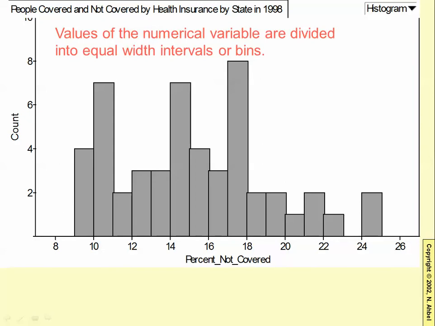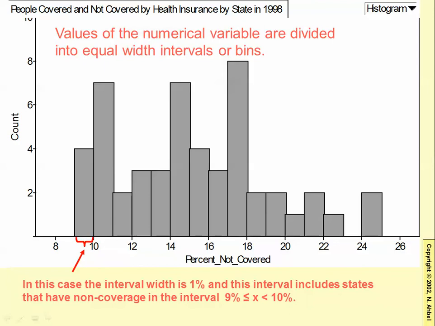So the values of the numerical variable are divided up into equal width intervals or bins. Intervals and bins are synonyms. So if you look at the leftmost interval or bin, in this case the interval width is 1%, and this interval includes states that have non-coverage in the interval 9% ≤ X < 10.